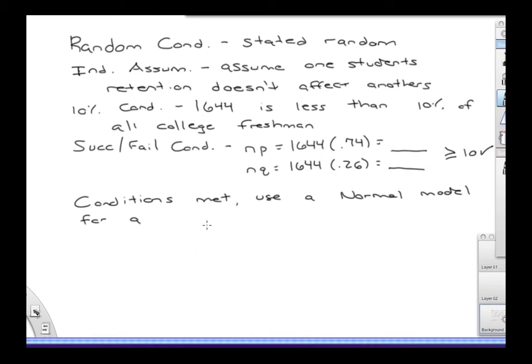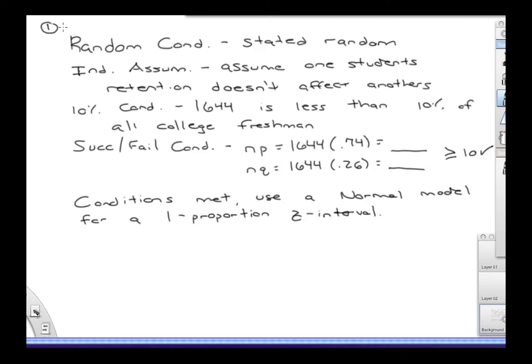This is called a one proportion z interval. Why? One proportion because we have one proportion, z because we're using the normal model, and interval because we're doing a confidence interval.